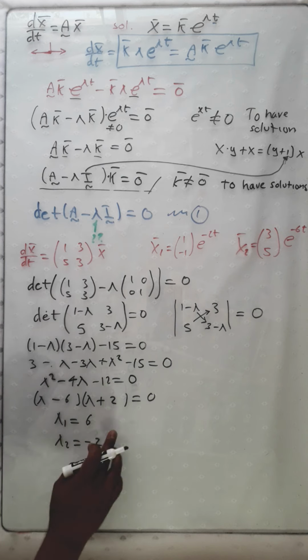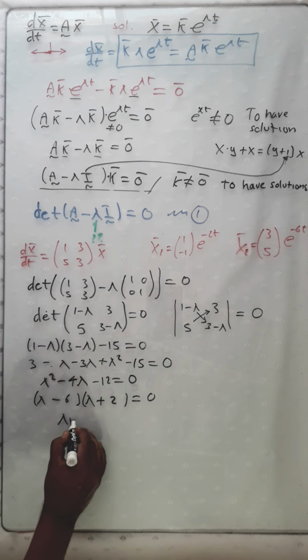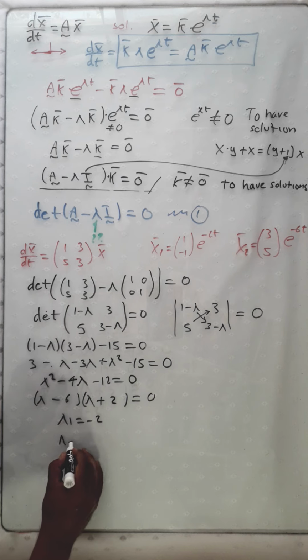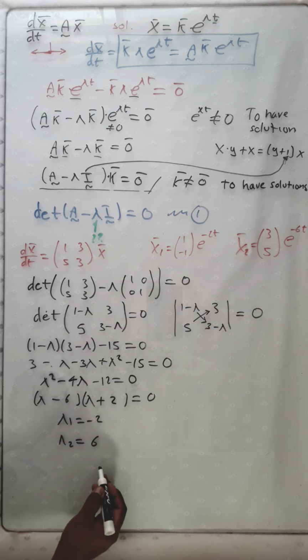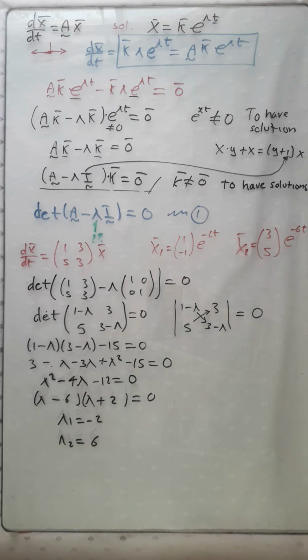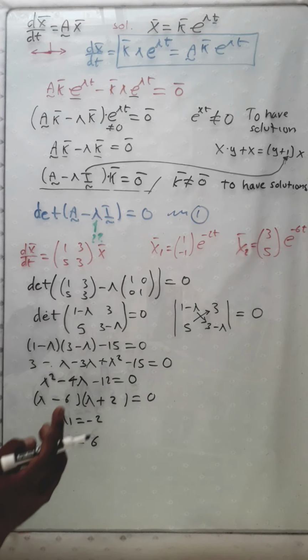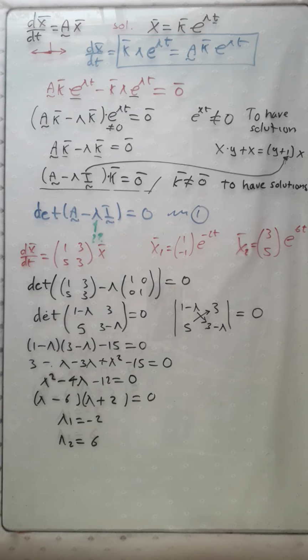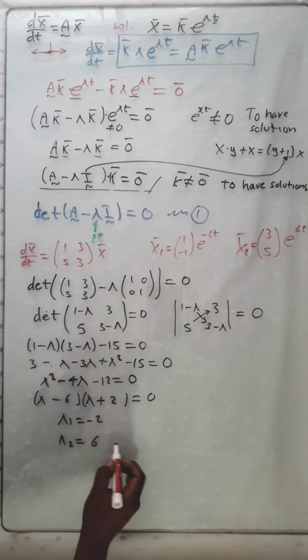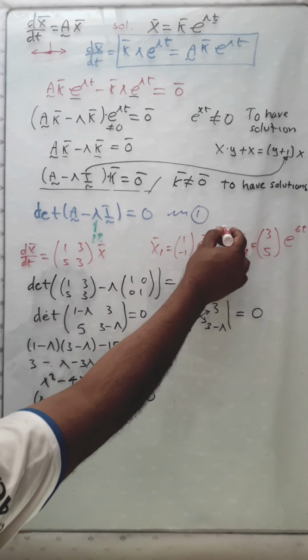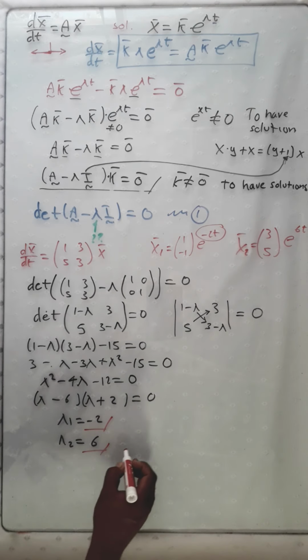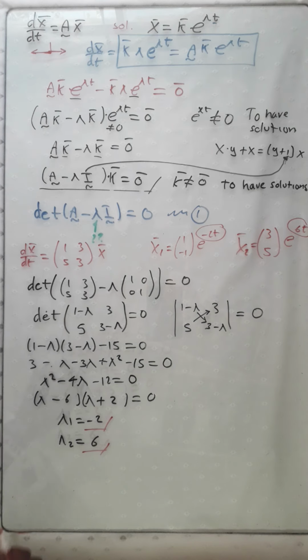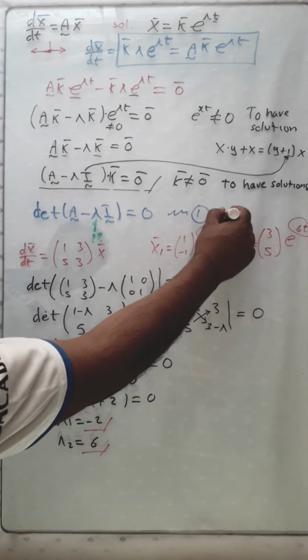Or you can choose the other way around: lambda 1 is equal to minus 2 and lambda 2 is equal to 6. Alright? By the way, I have a mistake here. This is positive. Now, as you can see here, we have found the values of lambda. Minus 2, and check this out, minus 2, and then 6, and here is the 6. So, engineers, this is the procedure to find the values of lambda. Alright? So, we found the values of lambda.